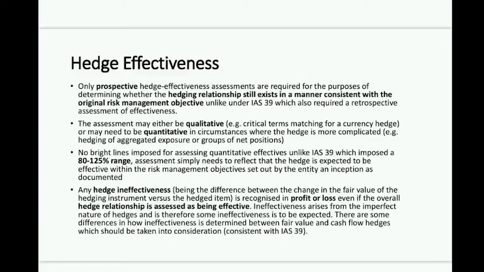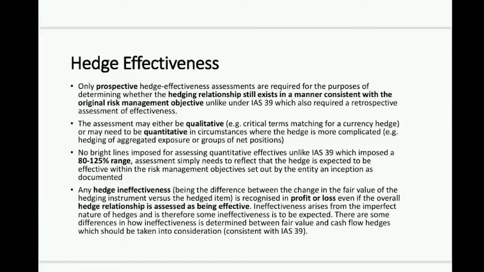Under IAS 39, there was a requirement to do both prospective assessments as well as retrospective assessments. And strictly speaking, retrospective assessments effectively meant that you needed to do a quantitative assessment for the retrospective portion. So IFRS 9 takes that away and says the only thing we're concerned about in terms of risk is what's going to happen from now going forward, and we don't look backwards.